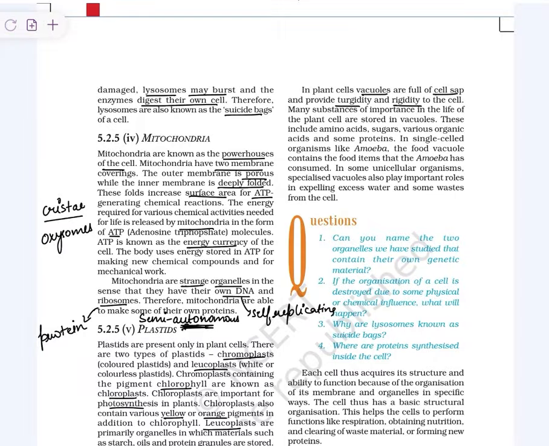Also, जो vacuole होता है, vacuole is a membrane-bound organelle, single membrane-bound organelle. So, membrane of vacuole is actually called tonoplast.